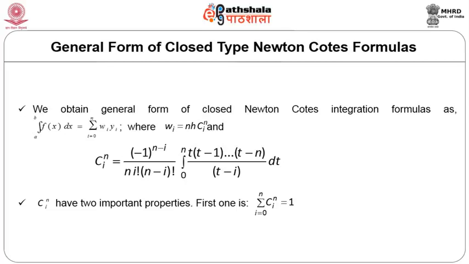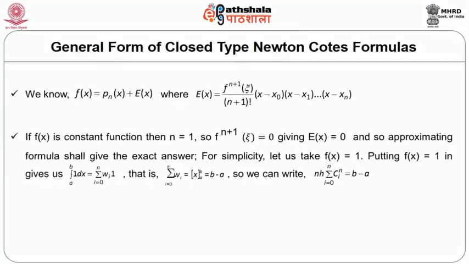Now the first very important property of these Cotes coefficients is that the summation of NCi is always 1. This can be verified very easily. See our formula, the integral a to b of f(x) dx is equal to the integral a to b of pn(x) dx, that is the sum of wi f(xi) plus the error term.